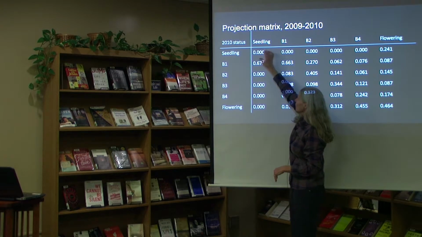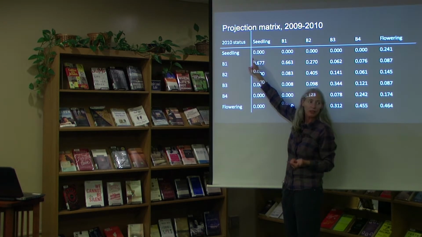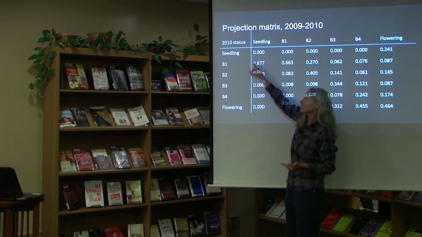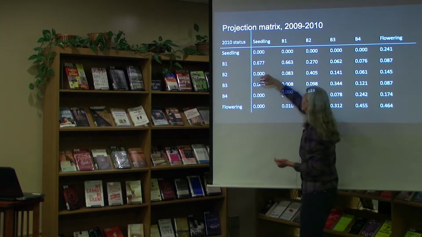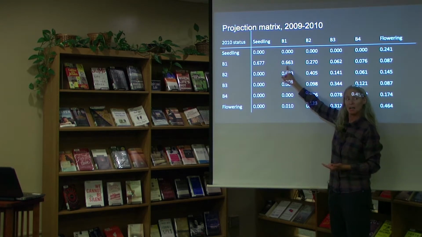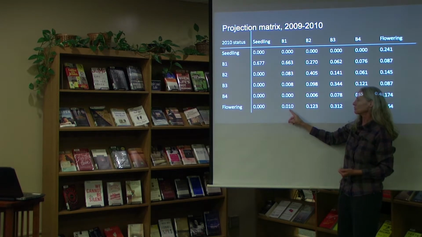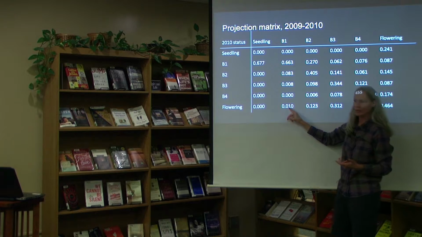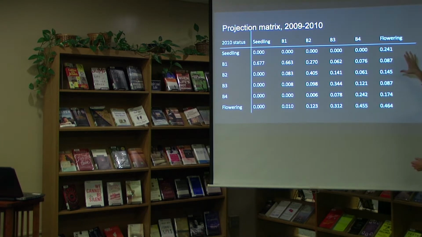So all the plants that were seedlings in 2009, none of them were still seedlings in 2010. 2/3 of them became basal plants and the rest died. Of the small basal plants, 2/3 of them stayed as small basal plants. A few of them got bigger, and there were even 1 or 2 that flowered. So that's how this chart reads.